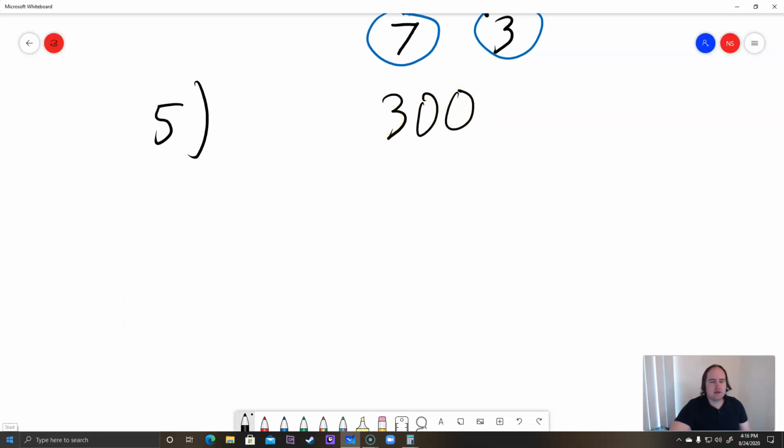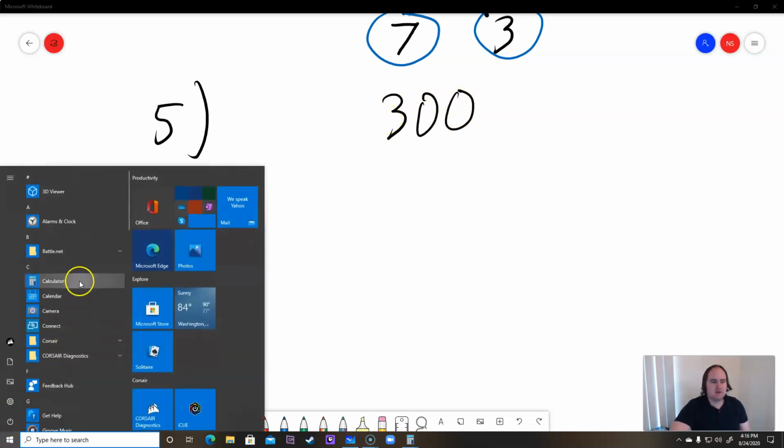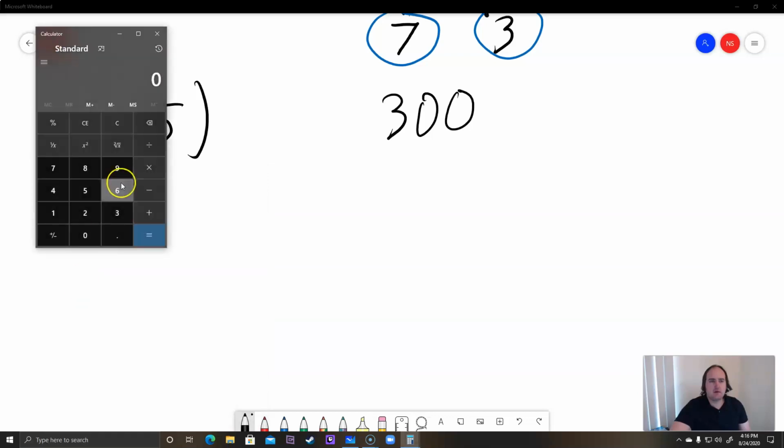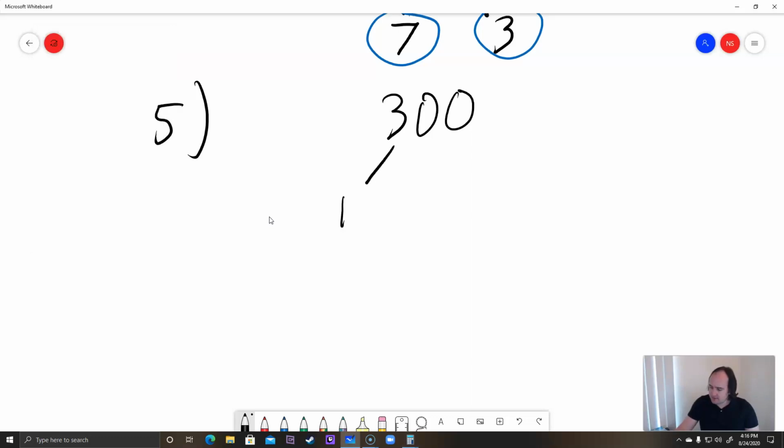But I'm just going to go ahead and divide it by 10 using my calculator. So let's do 300 divided by 10. See what that gives us. It actually gives us 30. And, you know, a lot of you might be able to do that in your head because 10 times 30 is 300. Okay, so that means we're going to factor 300 as 10 times 30.